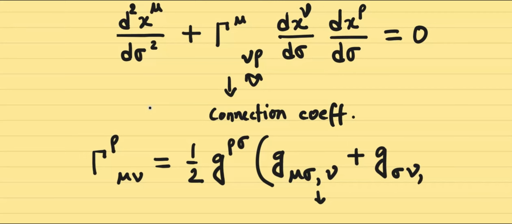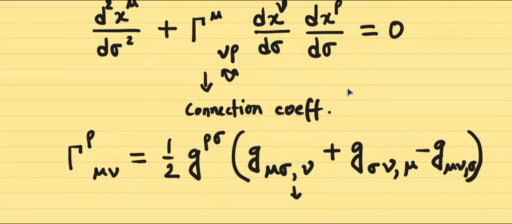sigma nu comma mu, so it is the partial derivative of this metric component with respect to the x mu coordinate. And finally we have g mu nu comma sigma, and that is our desired expression.